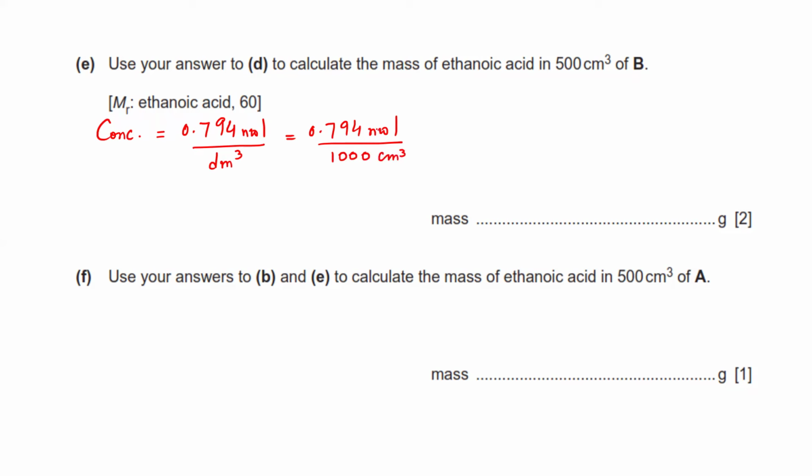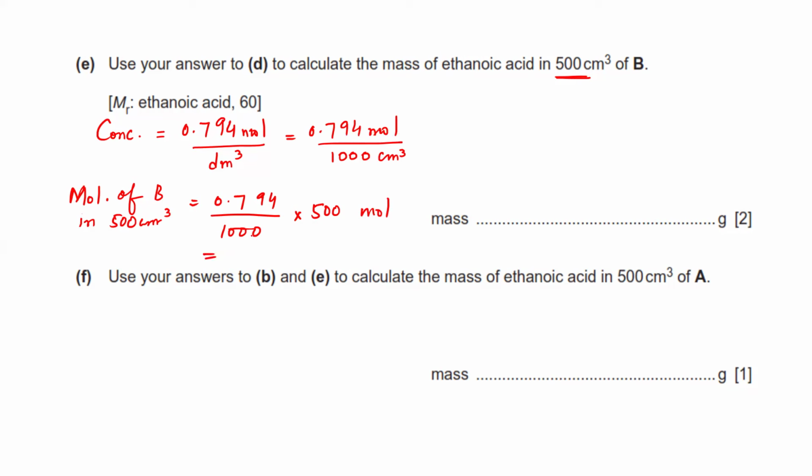We have to find out now the moles of B in 500 centimeter cube. So these 0.794 moles will be in 1000 centimeter cube. So just multiply by 500, divided by 1000.